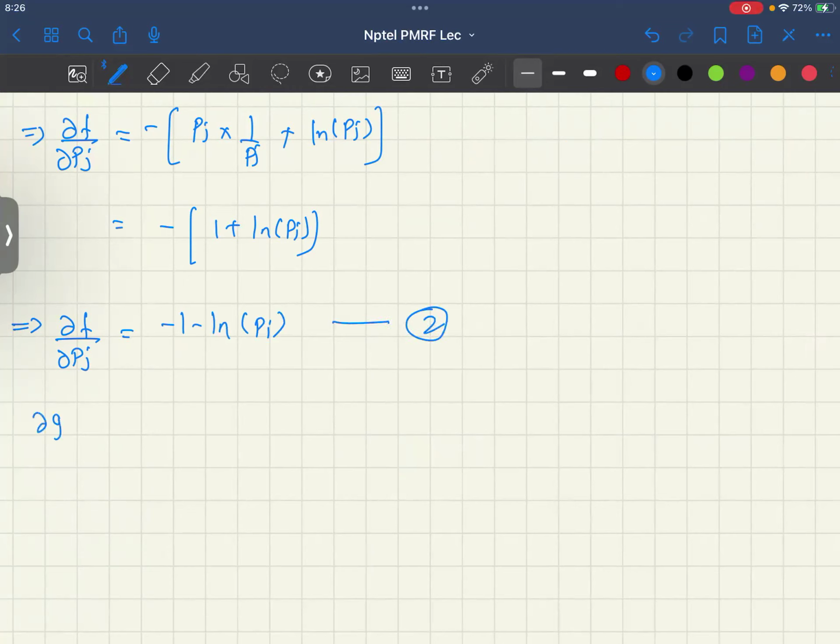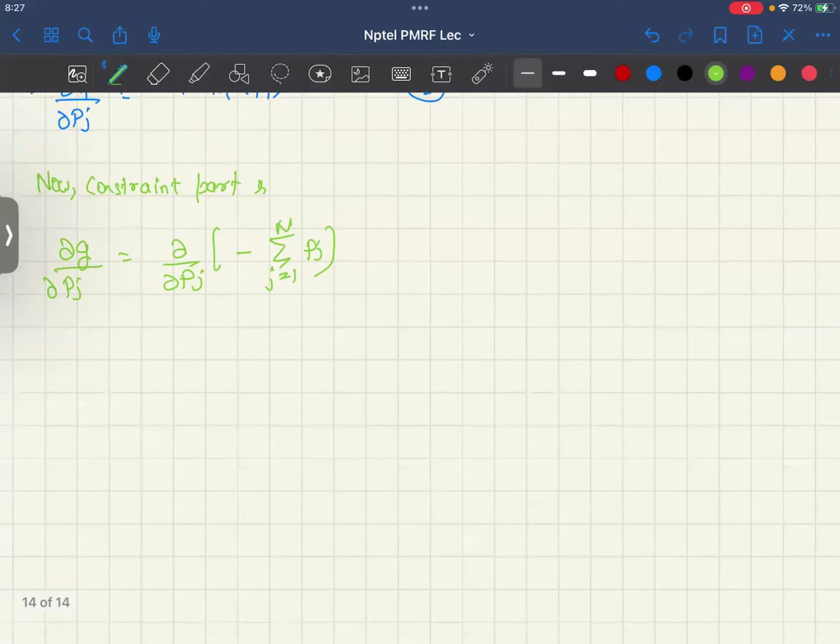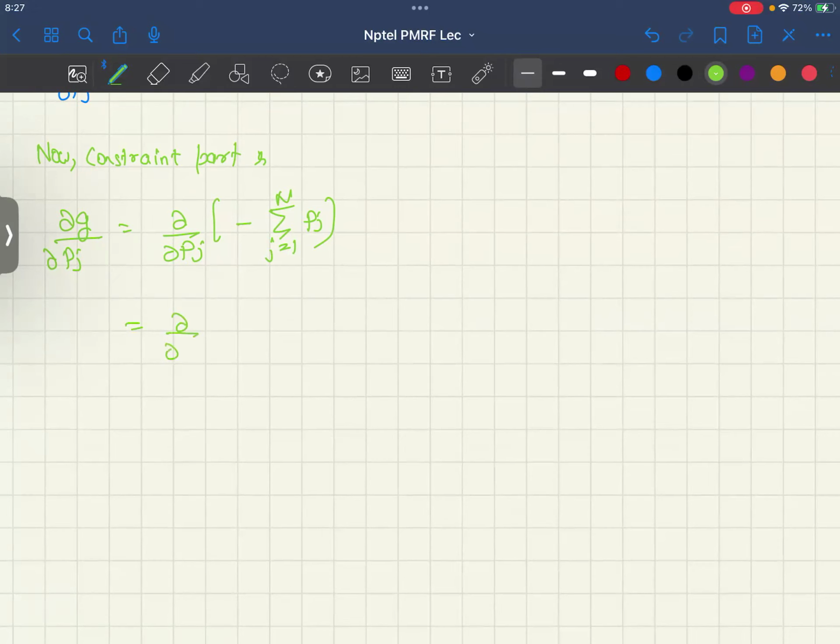Now go to the constraint part. ∂g/∂pj is nothing but ∂/∂pj of minus summation j is equal to 1 to n pj, which is nothing but ∂/∂pj of minus of p1 plus p2 plus up to pj plus up to pn.